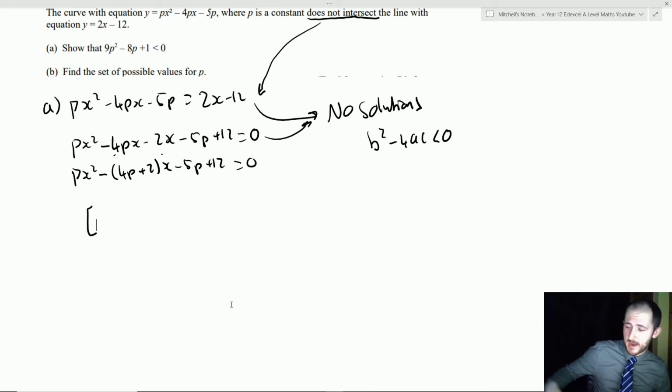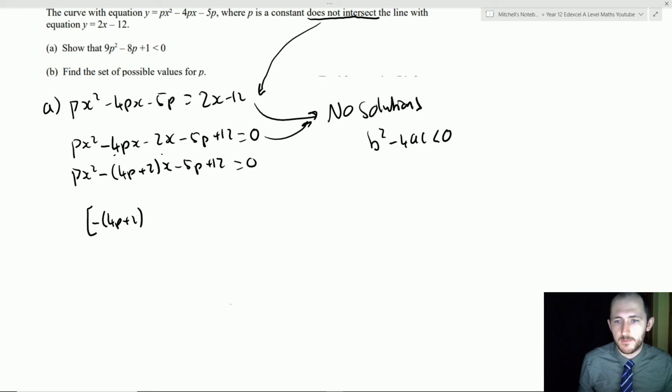Okay, I think I'm back in the land of the living. That means we have minus 4p plus 2 all squared, because I'm squaring the minus as well. Minus 4, a is p, c is minus 5p plus 12. Should be less than 0.